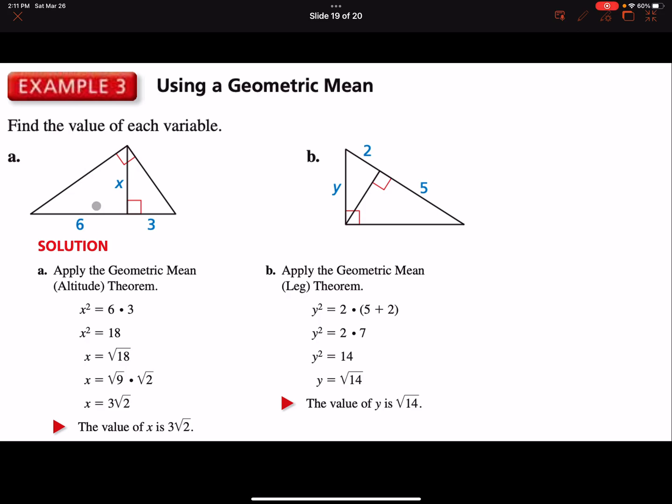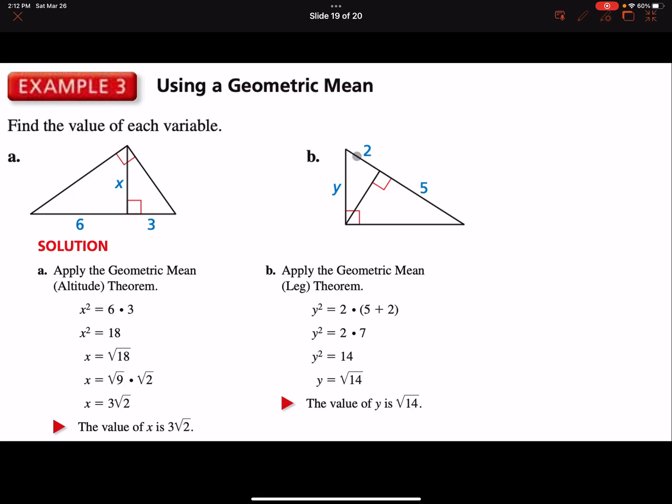So again, for the first one, we did 6 times 3. We got 18. We got the square root of both sides. Root 18 can be broken down into root 9 and root 2. Root 9 is 3, so we're left with 3 root 2. In the second one, our adjacent side was 2, not 5.